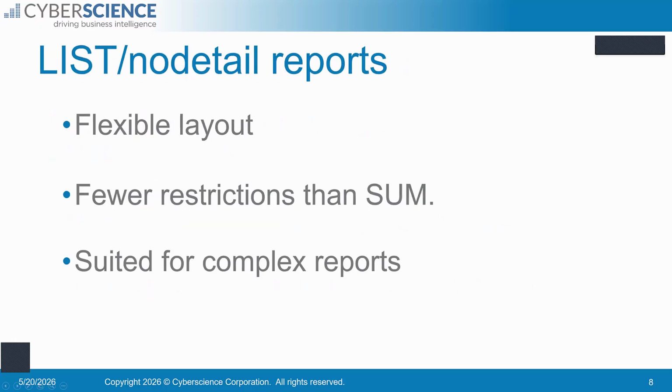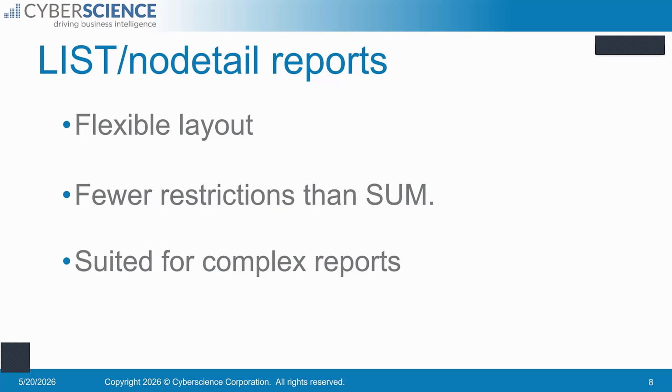So the whole idea behind these list no detail reports is it gives you all the power of Cyberquery, but you can suppress or hide all the detail lines. So we're just going to be looking at the end of section, the end of sort on the invoice or the applied to invoice.